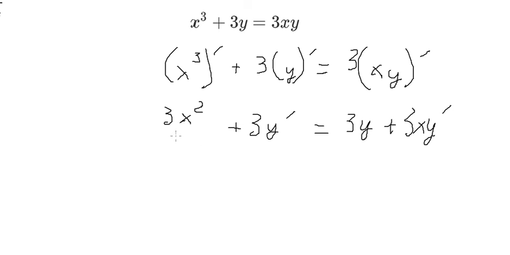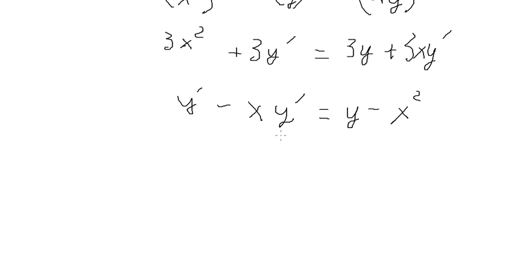So the next one we put this one in here, and 3x times the first derivative of y we put in here. And we simplify the number 3 for both sides in here, and then that should be 3 times the first derivative of y from here minus x times the first derivative of y, and we have y minus x squared. The first derivative of y and the first derivative of y we can do factorization.